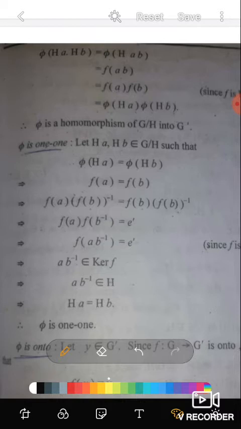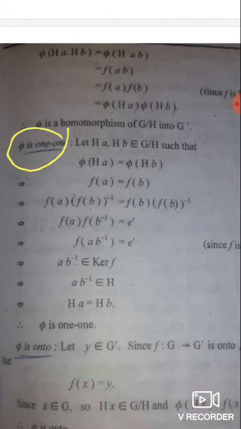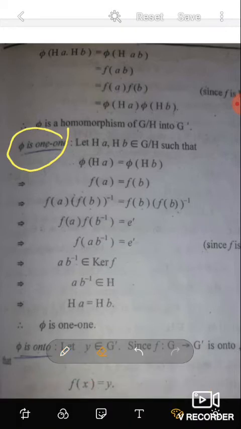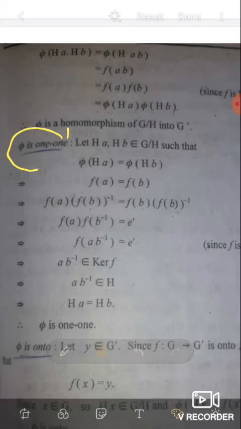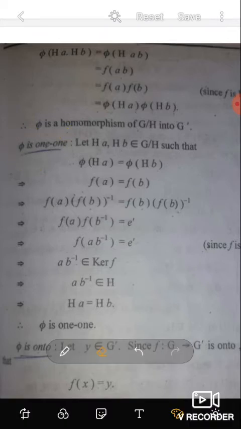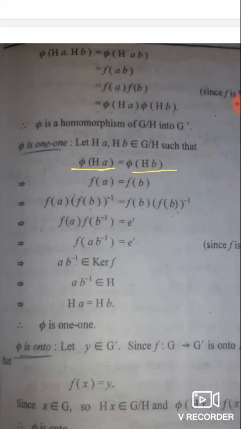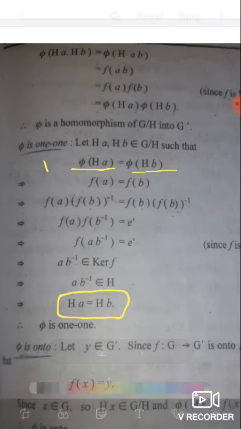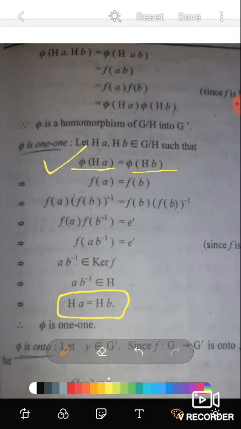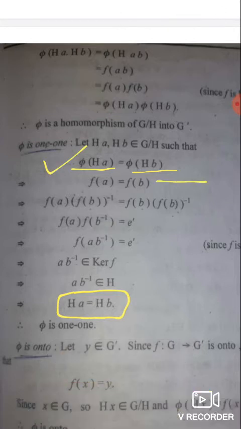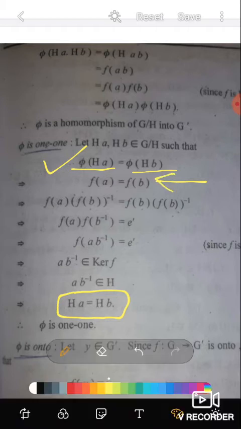So to prove it an isomorphism, we have to show that this phi is 1-1. And how is a function proved as 1-1? For this, we have to take the images equal, and we have to prove that these elements are also equal. So we will consider the images equal. This is by the definition of function phi.